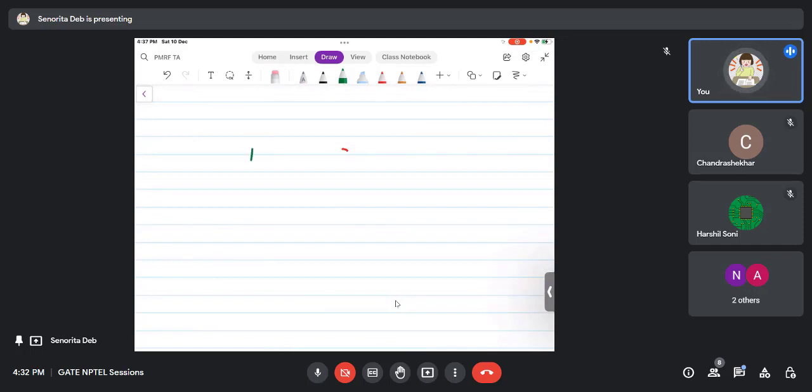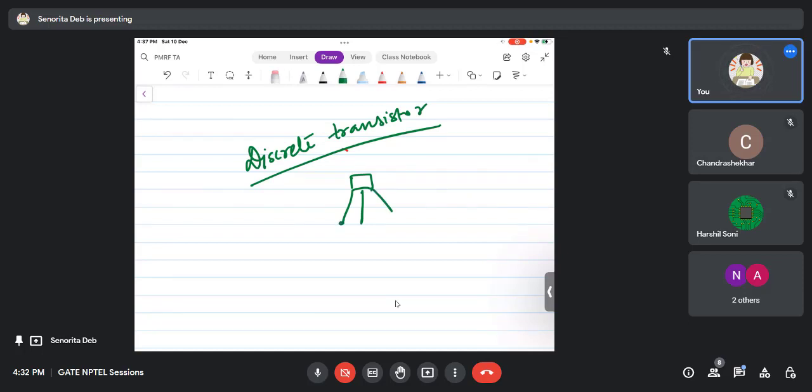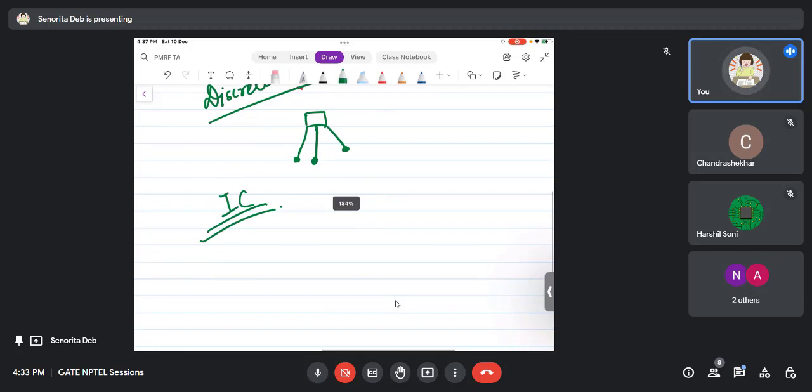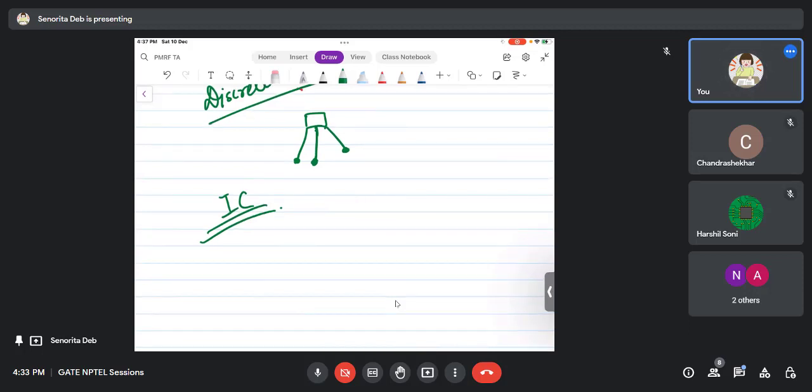What is a discrete transistor? The BJTs that you have normally used in your lab with breadboards. So this is a discrete transistor. And a transistor in an IC, an integrated circuit, is a very small device, normally used together with other things.